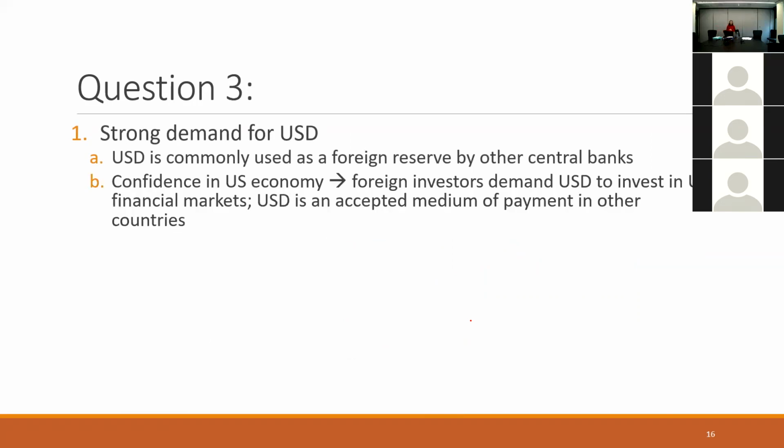The second factor has something to do with investor confidence in the US economy. After World War I and World War II, the US emerged as the largest economy in the world, right? And over time, they have maintained that position for a long time. Because of their position in the world economy, investors have been very confident in their economy, right?